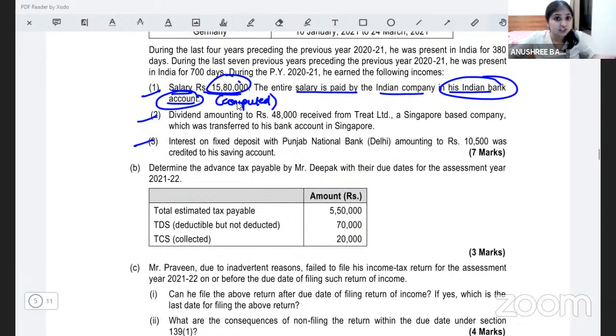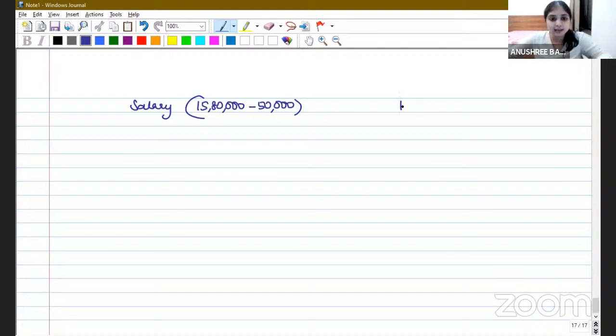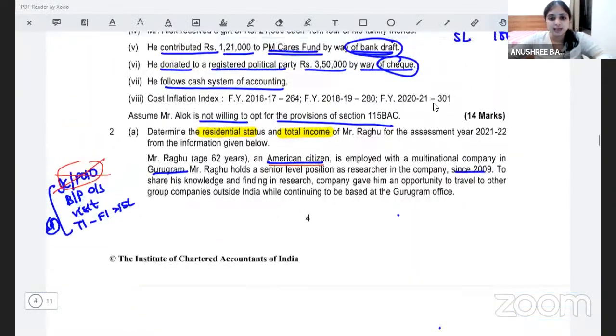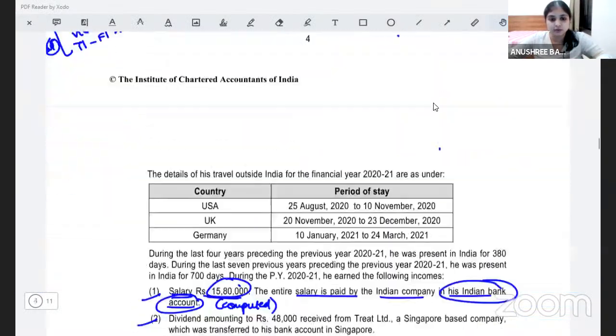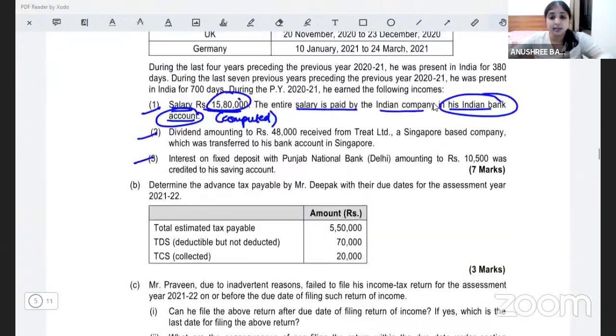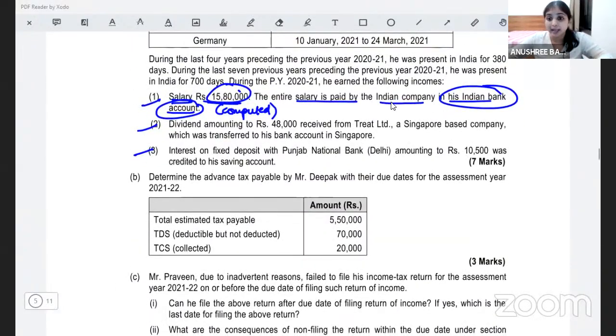They are just mentioning salary, which means it is not computed salary. So what will a salary income be? 15 lakh and 30,000. His salary income is going to be 15 lakh and 30,000 after subtracting standard deduction. Taxable. Why? Because it is received in India.